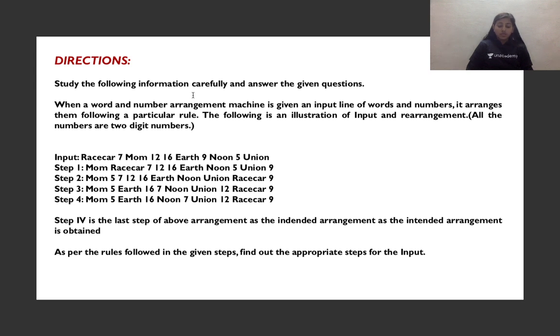Okay, so input is race car, 7, mom, 12, 16, earth, 9, noon, 5, and union. And the final output is mom, 5, earth, noon, 16, noon, 7, union, 12, race car, and 9. Okay, so what do you think has happened here? On the basis of what has this arrangement been done?